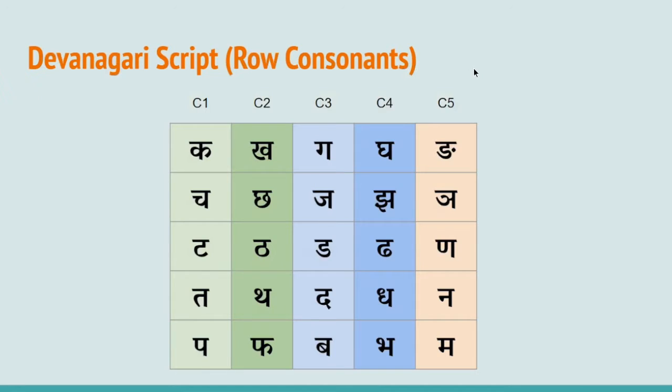Ka, cha, ta, ta, pa. Kha, cha, da, tha, pha. Nga, nya, na, na, ma. C5, can you repeat, sir?